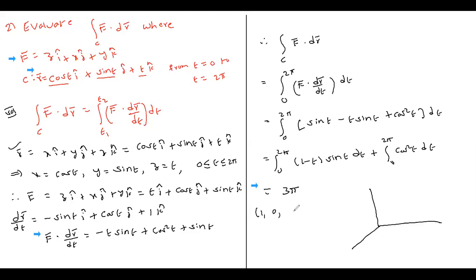Next, when you substitute t equal to 2 pi, cos 2 pi is again 1, sin 2 pi is 0, and z is 2 pi. So there is a curve joining (1,0,0) to (1,0,2 pi). But what kind of curve it is, how it looks like, may be difficult for us to visualize.